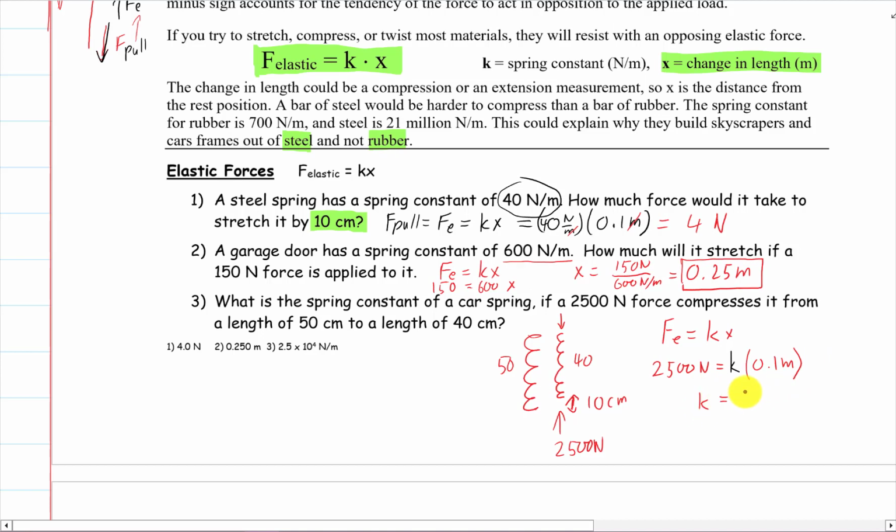So K is going to equal 2,500 newtons divided by 0.1 meters. The units are newtons per meter, which it should be because spring constants are in newtons per meter. And this is going to be 25,000 newtons per meter. Okay, and that's the basics of Hooke's law. Now let's see if we can apply it in a little bit bigger situation.